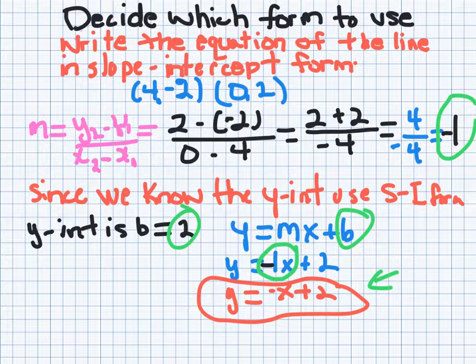So I can just go ahead and use the slope-intercept form here. The y-intercept is b equals 2, because I can see that from that graph on example 3a. I fill in my formula, y equals mx plus b. The m is going to be negative 1, and my b is 2, and now my answer is y equals negative x plus 2.